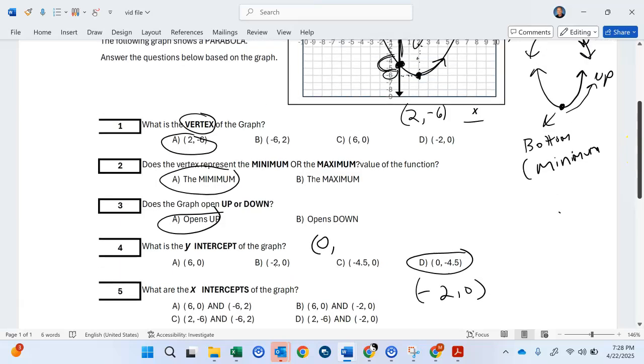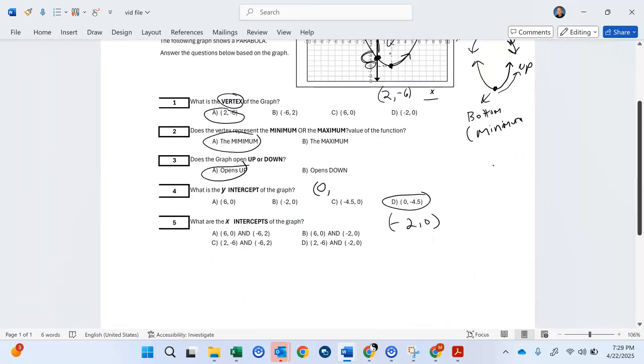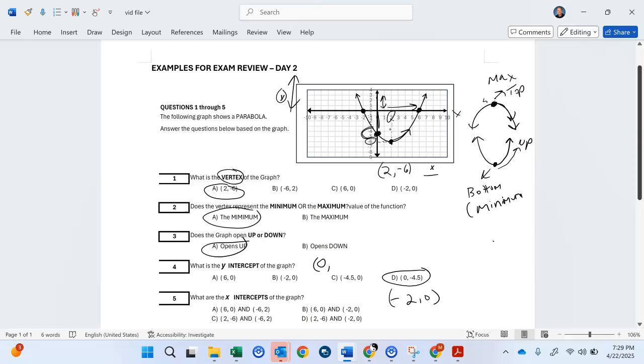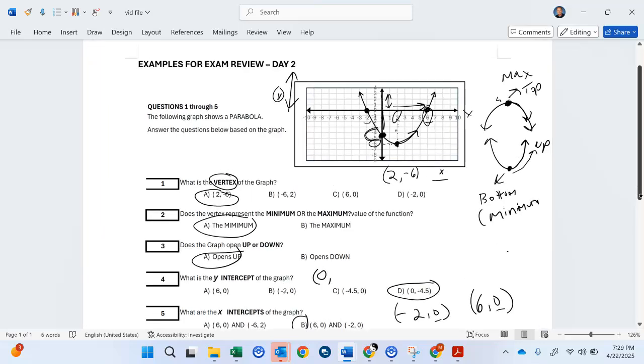And the next one is 6, 0. The -2 comes from right here, and the 6 comes from right there. So which one matches that? Yes, this one matches it right there.